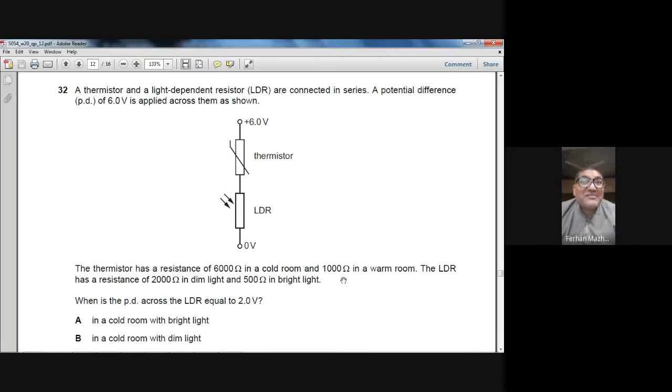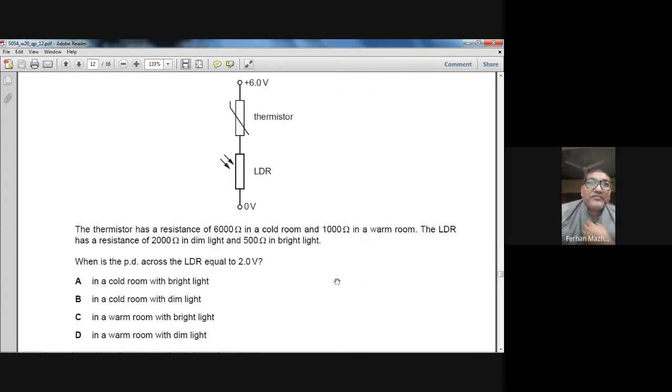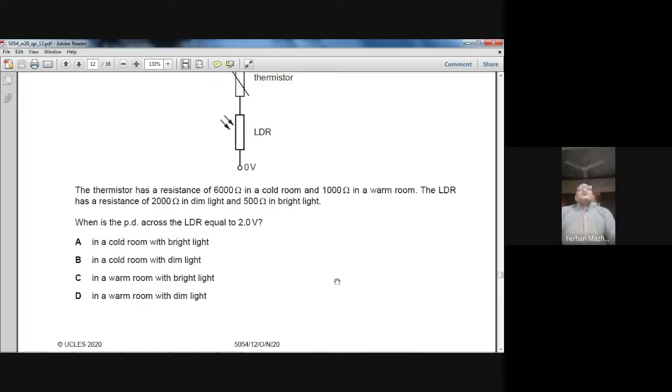It is given for thermistor. So if I take this 500, it should be bright light, and if I take 1000 from here, it should be warm room. So when is the potential difference across the LDR equal to 2 volt? It should be a warm room and bright light.